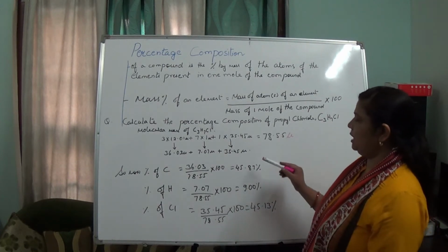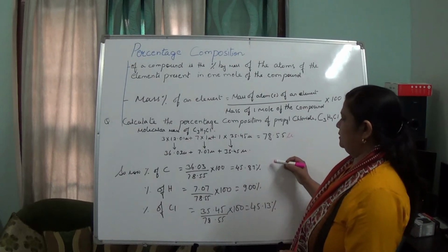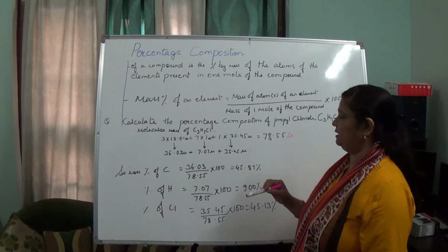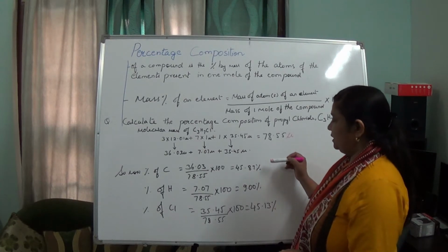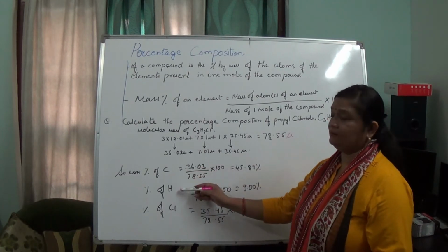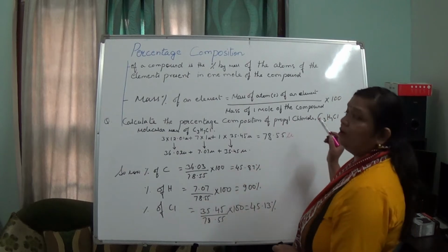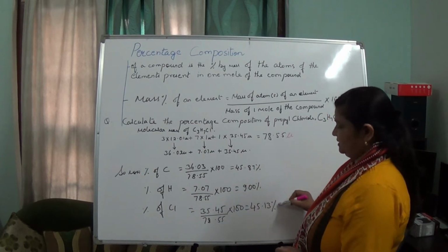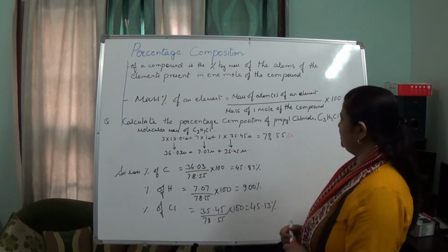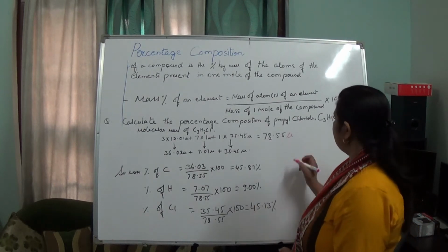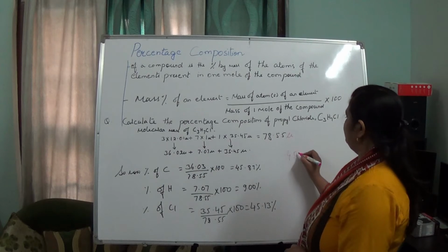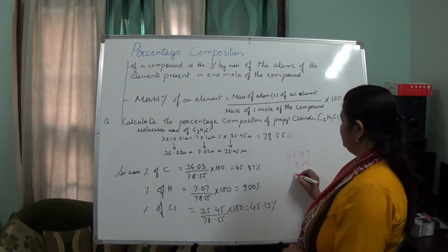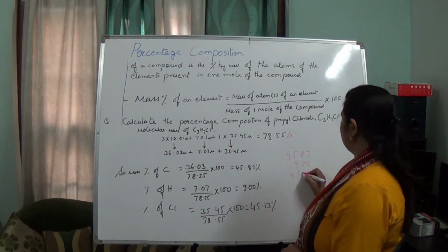Okay, so the mass percentage has been taken out separately for carbon, hydrogen and chlorine, which were present in propyl chloride. Okay, so when you got this percentage, if you want to check the answer, you can check it in this manner. You can just add it up. 45.87, 9, and then 45.13.